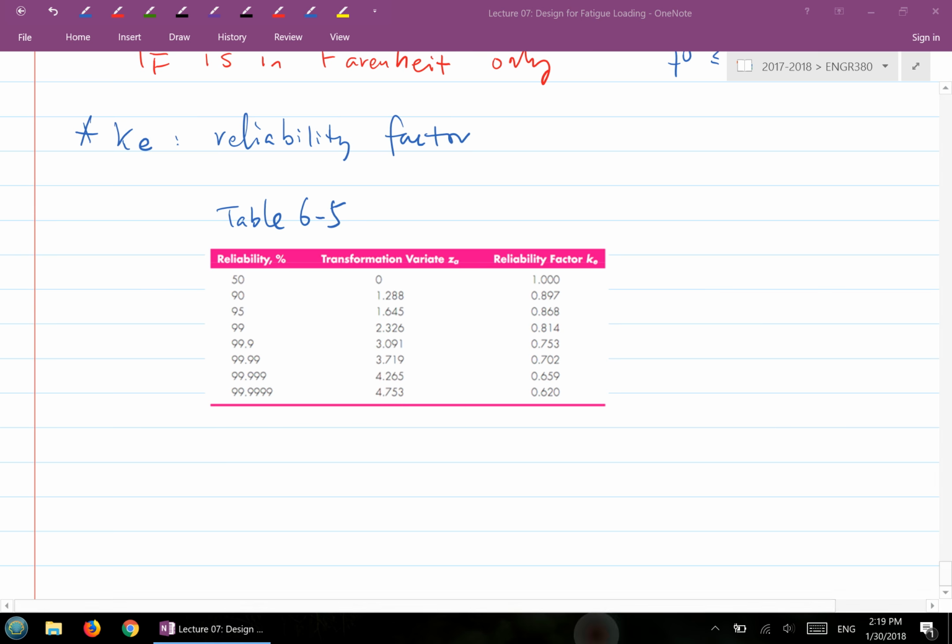From this table, the first column is the reliability. There are all different types of reliability. And your KE value basically is the last column here. So this last column is your KE value.